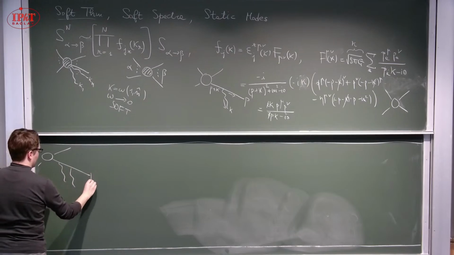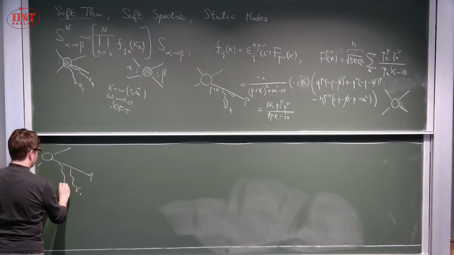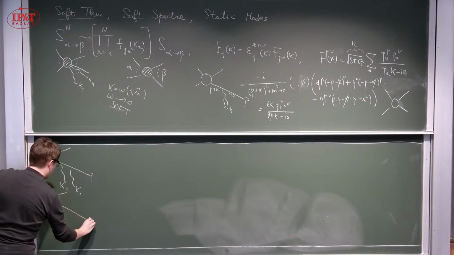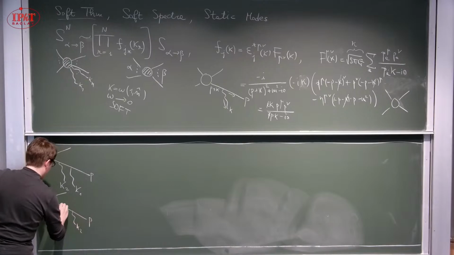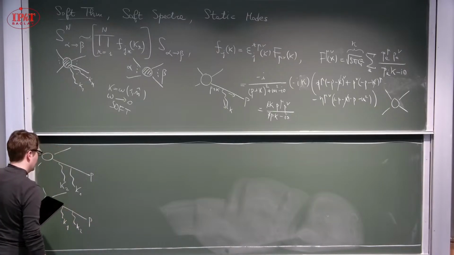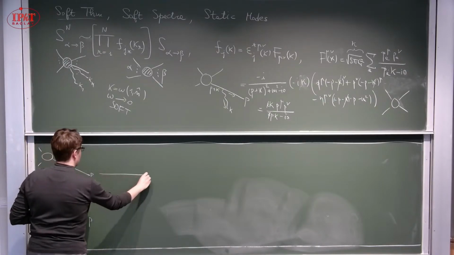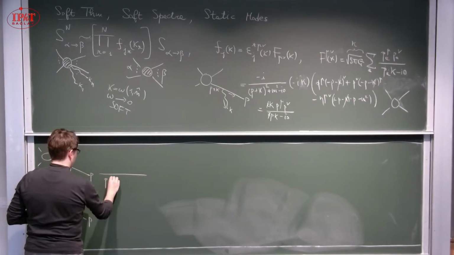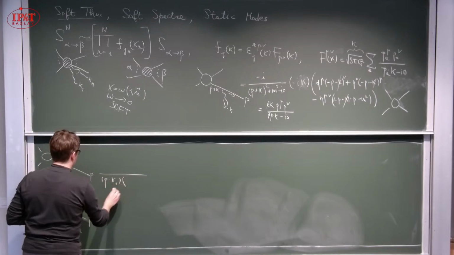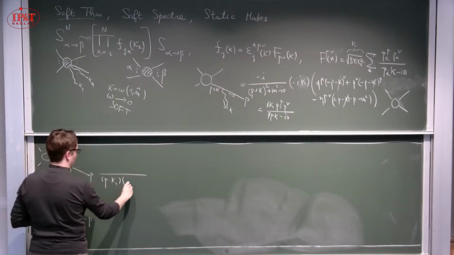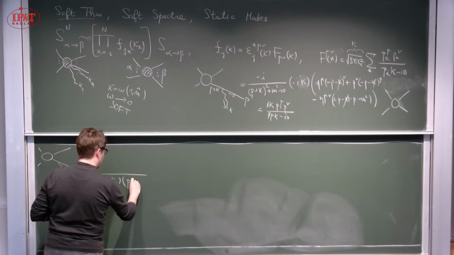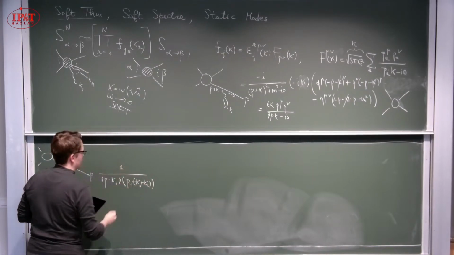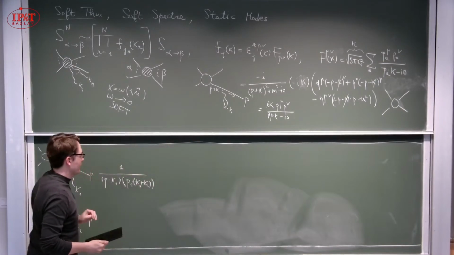So we have P, K1, K2, and I want to compare this with P, K2, K1. Then essentially what happens here is that from the first factor you get P dot K1, say. From the second propagator you get P dot (K1 plus K2). I'm just writing the relevant bit of the rule over there, right?